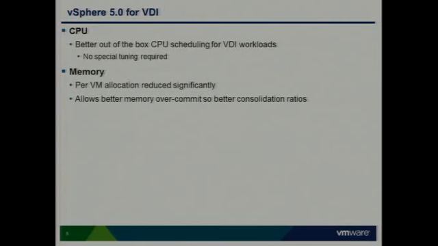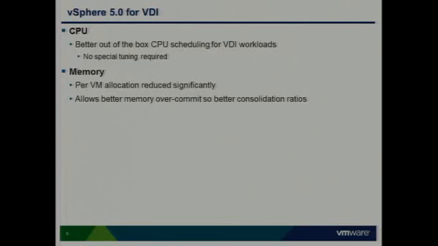Similar stuff has happened on the memory side as well. What we have done on the memory side is that we have taken a very dynamic approach in terms of memory allocation. Each VM, when it needs the memory, it gets the memory on demand.